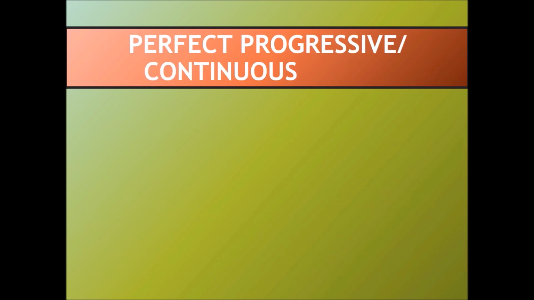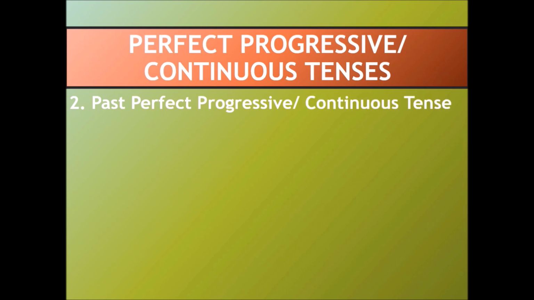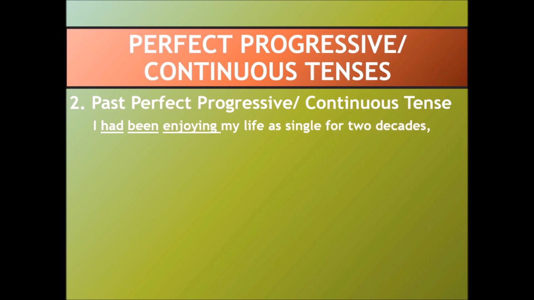Next for this group is the past perfect progressive continuous tense, with an example of: I had been enjoying my life as a single for 2 decades before I finally decided to get married. So, in the first clause, we have the helping verbs had and been with main verb enjoying. For the second clause, the verb there is decided.